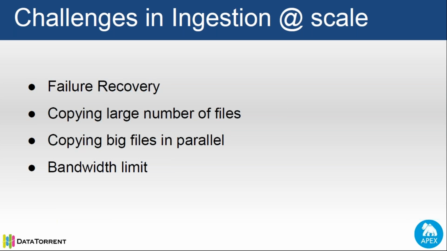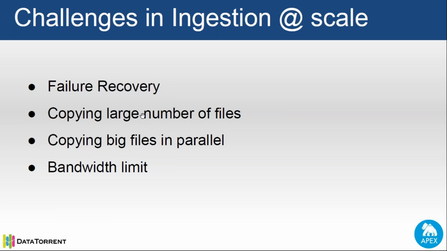Then, specifically for a file copy application, we want that application to handle a large number of files as well as copy big files in parallel. For example, if I have a single big file of, let's say, 100 GB, I don't want a single container to copy that file. I would rather expect my engine to split that file, and each split is taken care of independently.